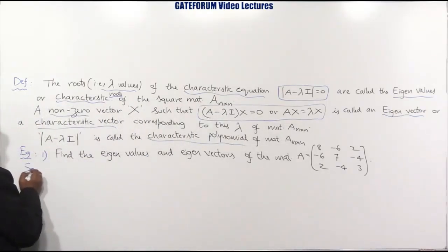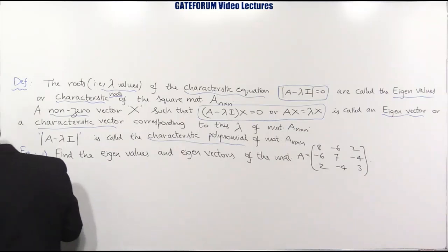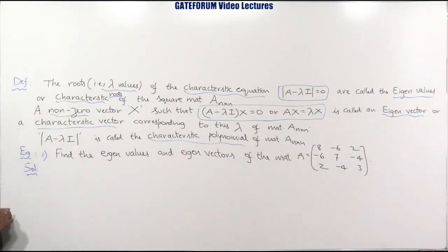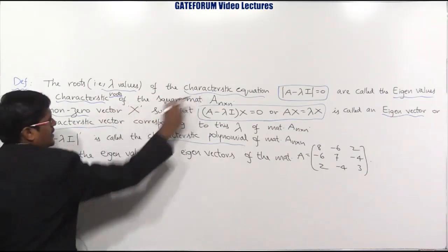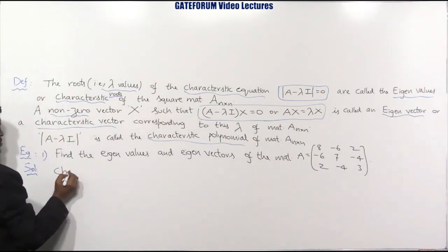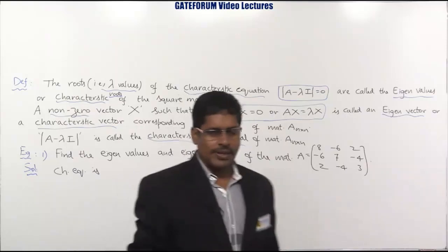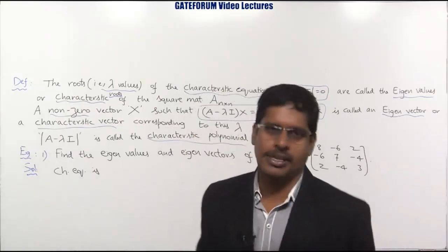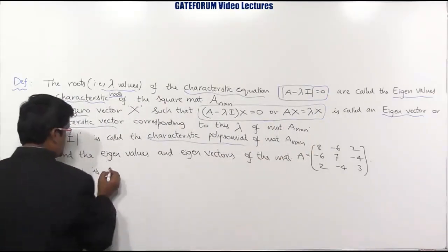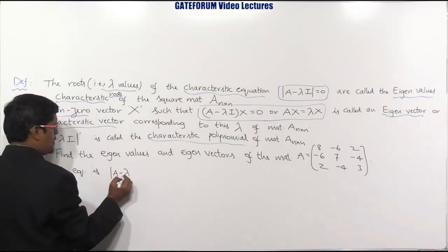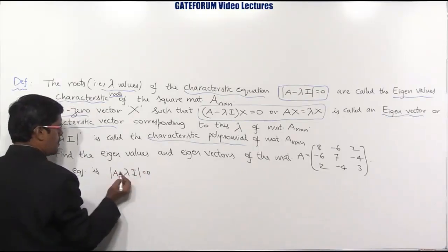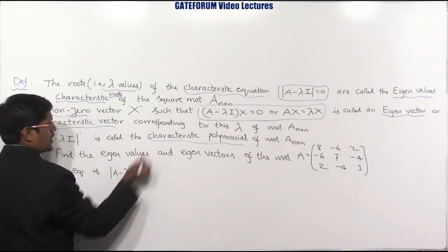Solution. The first step is the characteristic equation. So I am writing in short form CH equation. CH stands for characteristic, EQ stands for equation. First step I am writing as usual, that is formula based, the notation: determinant A minus lambda I is 0.